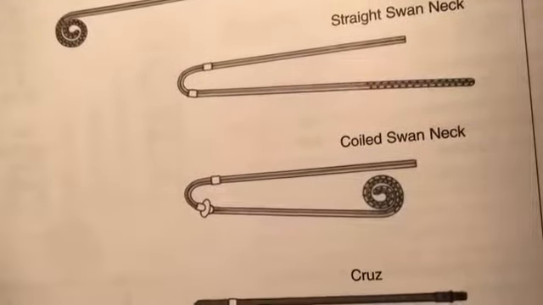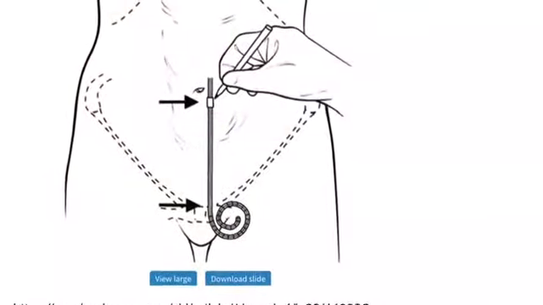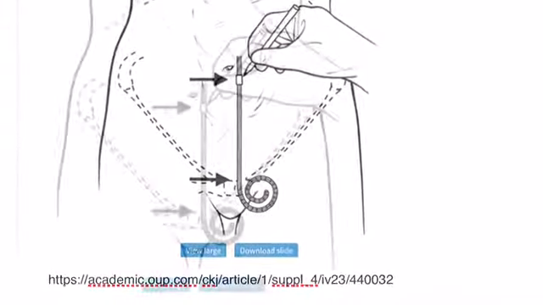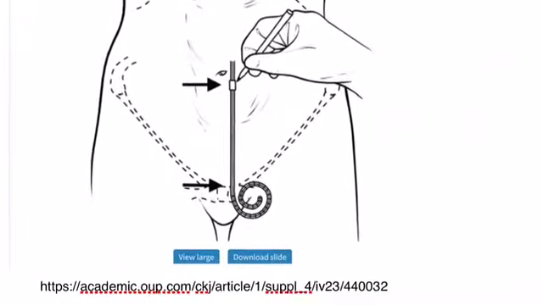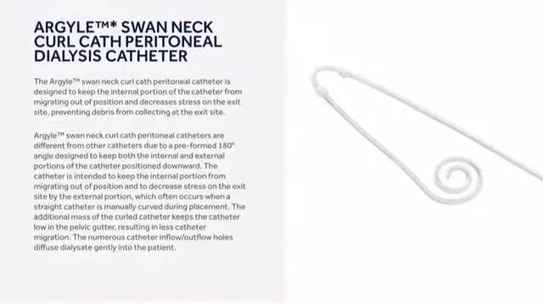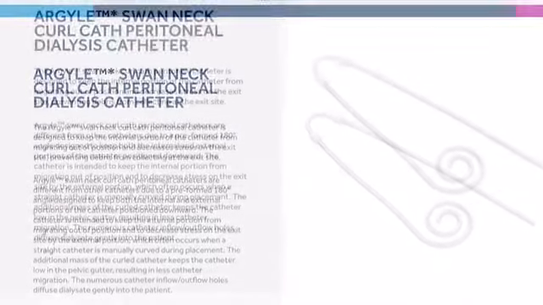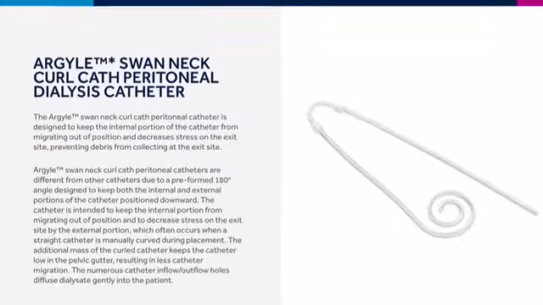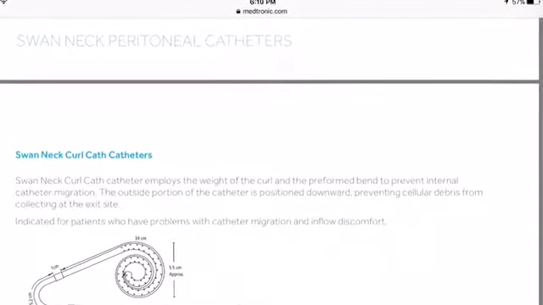Swan neck catheter is a better choice than the straight Tenckhoff because the curl at the end reduces the risk of touching other organs and causing blockages. The swan neck catheter employs a preformed 180 degree angle designed to keep the internal portion and external portion from migrating out of position, and to decrease stress on the exit site, which often occurs when a straight catheter is used.